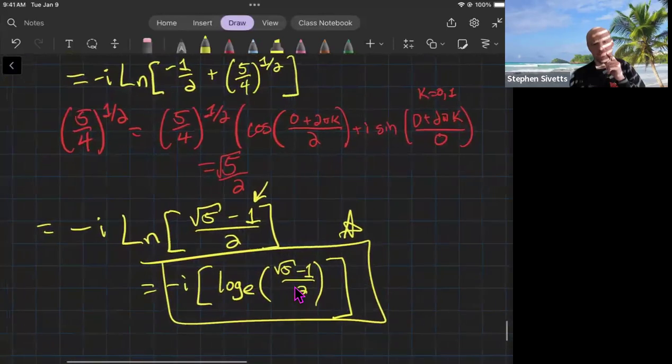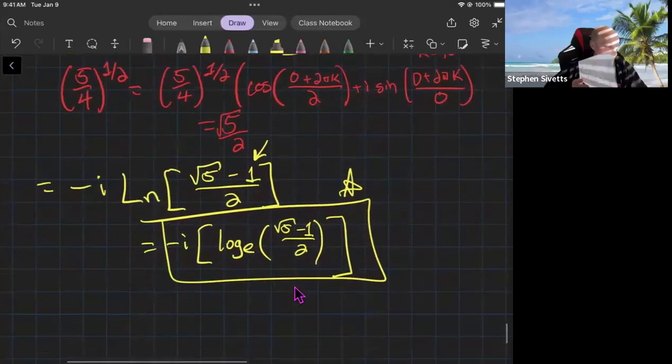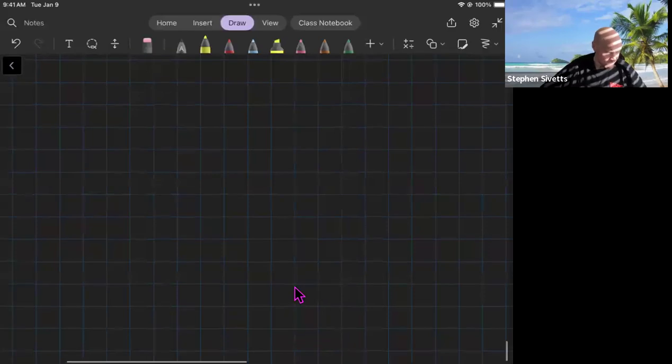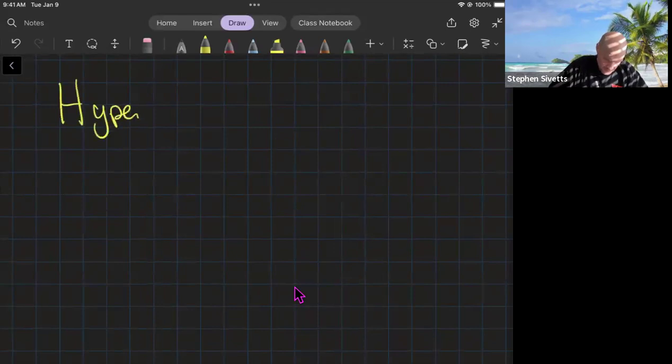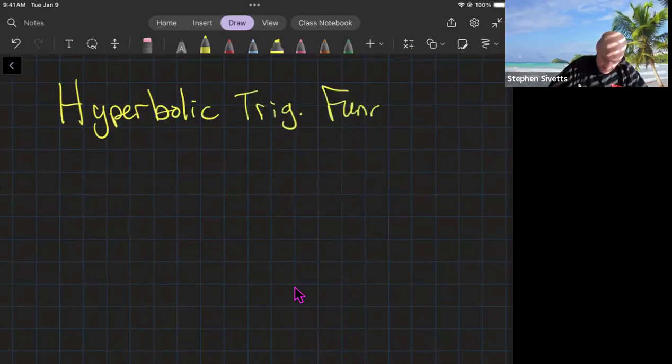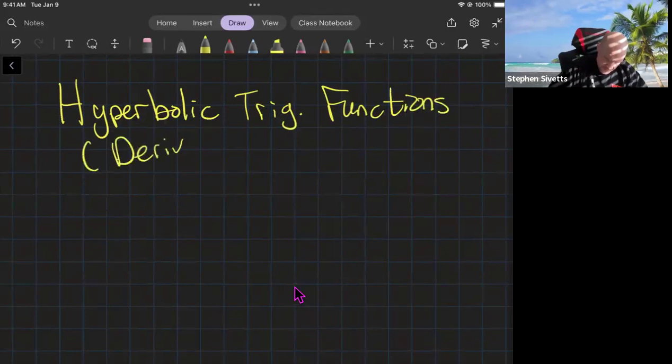Okay, so hopefully that works out. Also, let's look at the hyperbolic trig functions, their derivatives and inverse functions.